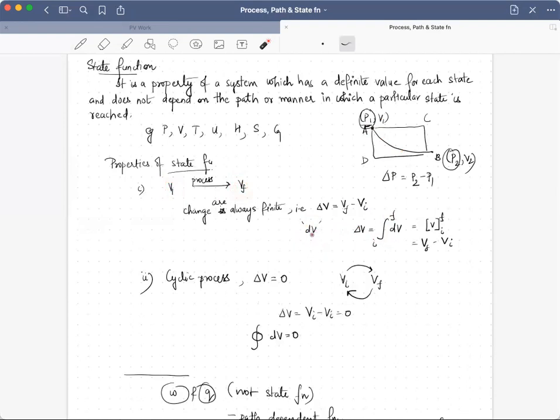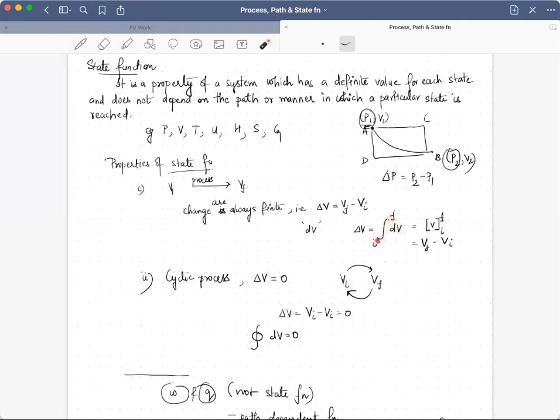So if this is the infinitesimally small value of the volume when it undergoes a change, then the total change you can calculate by integrating each of these small parts. When we integrate it, we represent it by this integral symbol dV.